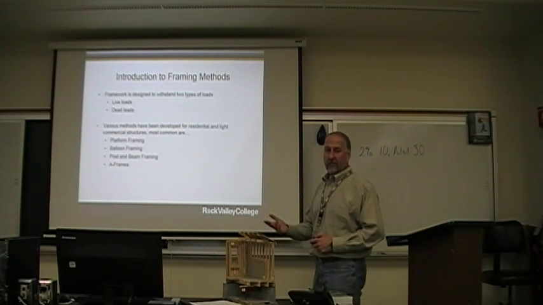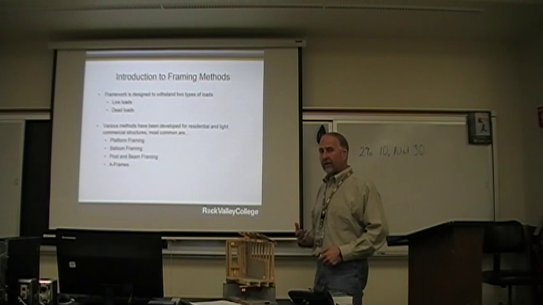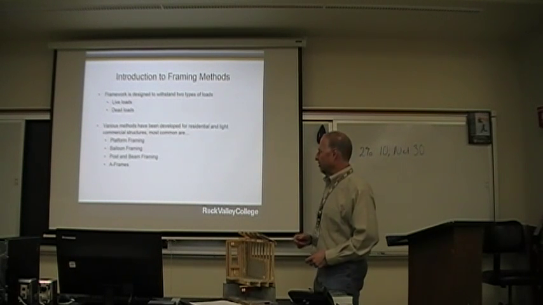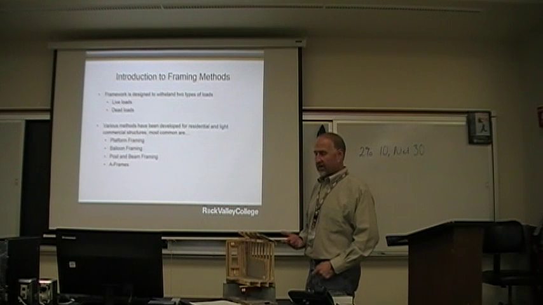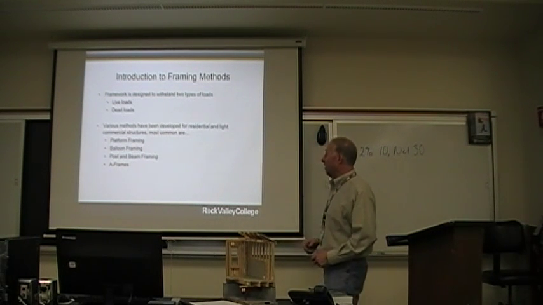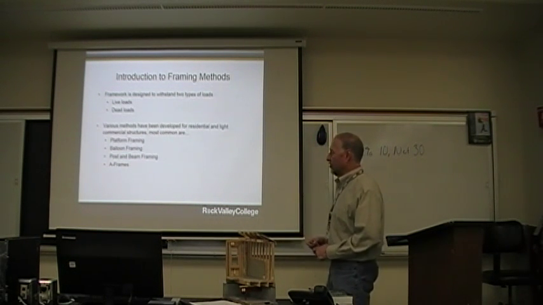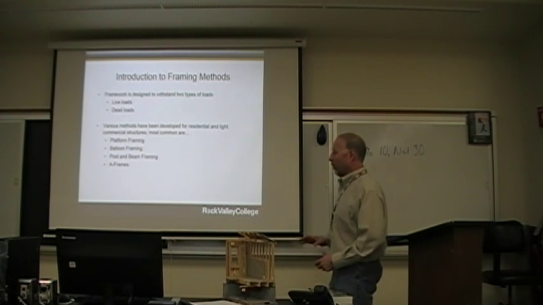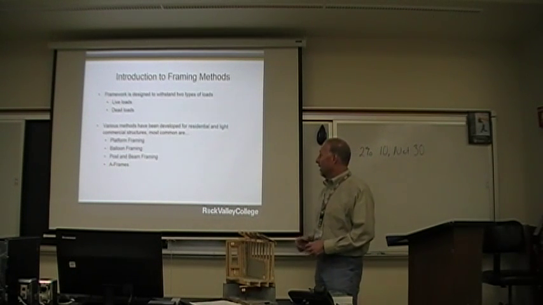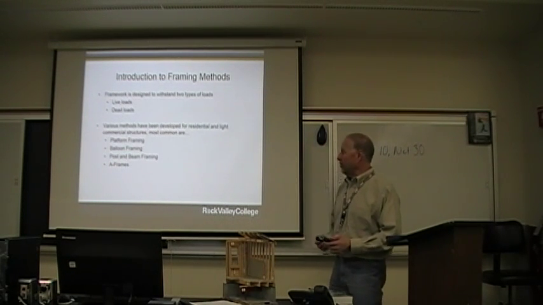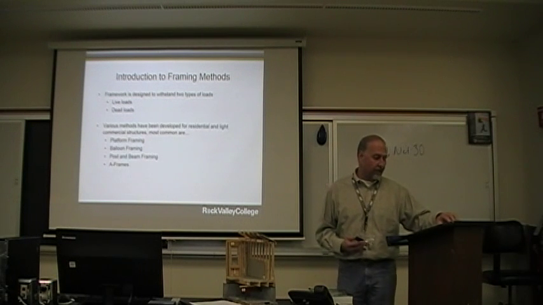We've talked about it a little before, but in our framing of our structure, we have to take those into account. So let's talk about those various methods that we're going to use for residential and light commercial structures. The one we're talking about today is going to be platform framing. Others that are out there and have been used, balloon framing is one of them.